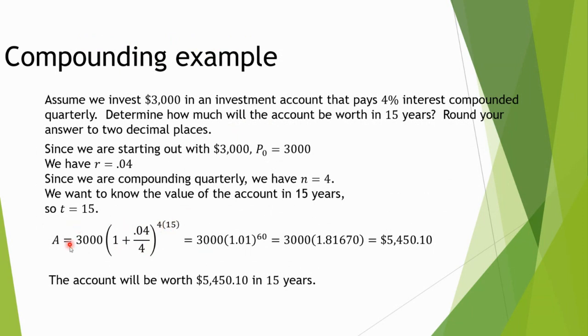If you don't have a calculator, you can definitely use Desmos. When you put this in the calculator, you want to make sure you follow PEMDAS, the order of operations. So basically, you could do the sum first. You raise that to the exponent, which is 60.